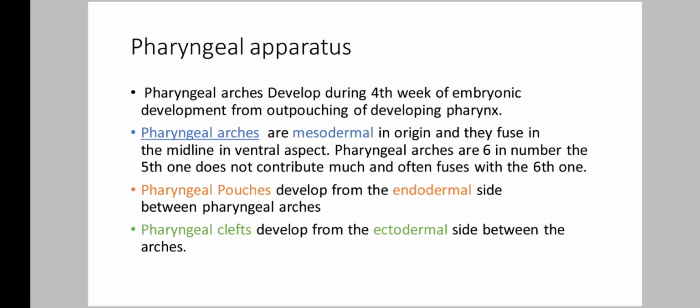One is towards the inside, that is called the endodermal side, and the pharyngeal pouches develop from the endodermal sides between the arches. Then there is another side towards the outside, that is the ectodermal side. So namely the pharyngeal clefts develop from the ectodermal sides between the arches.